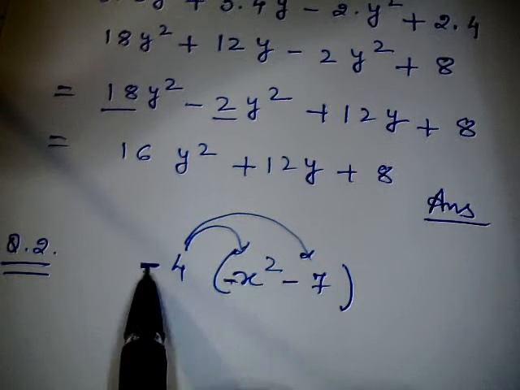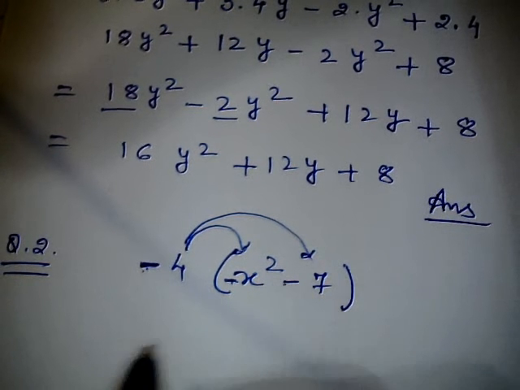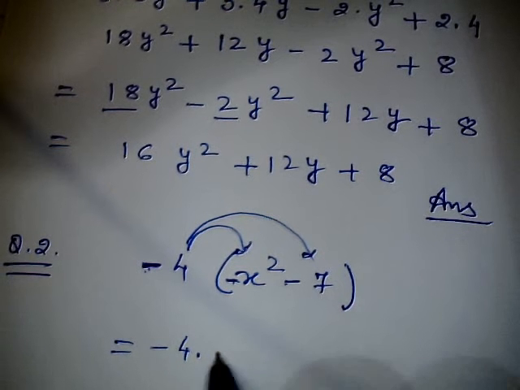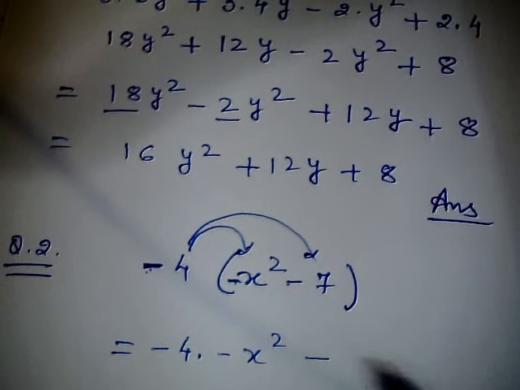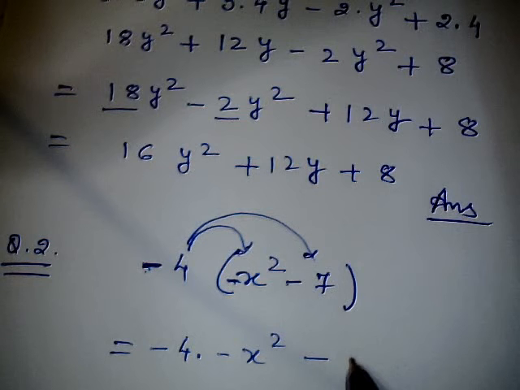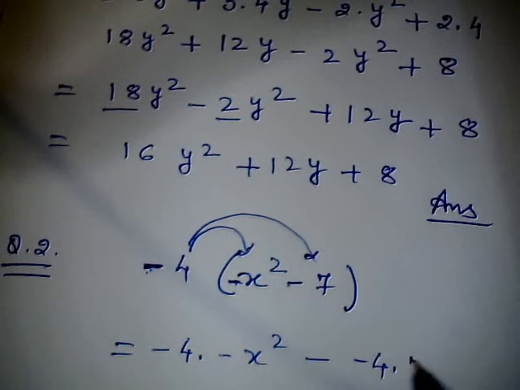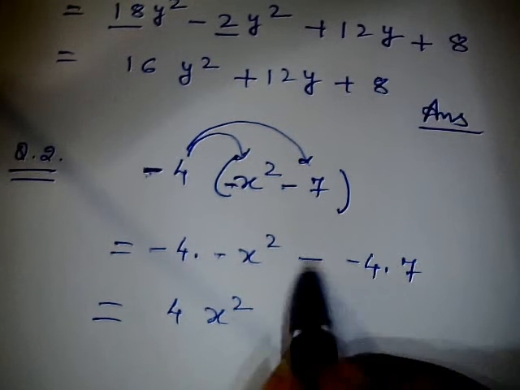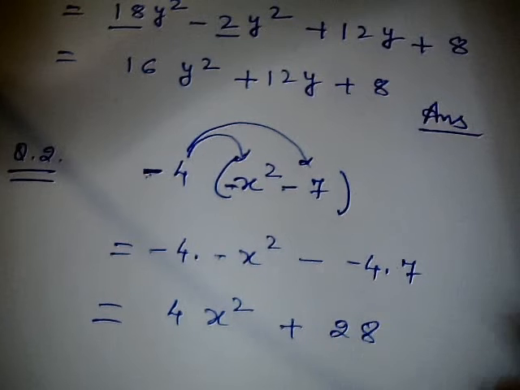So it's going to become negative 4 times negative x square and negative 4 times 7. So ultimately this negative times negative is going to become 4x square, and this negative times negative is 28. Instead of doing this step, I will do this direct step. How?